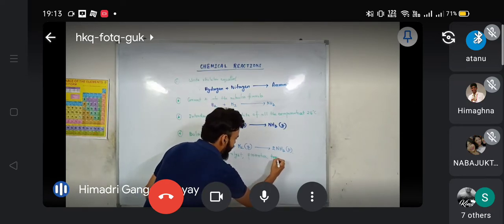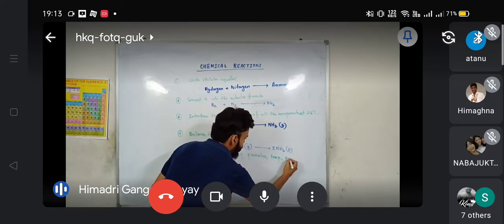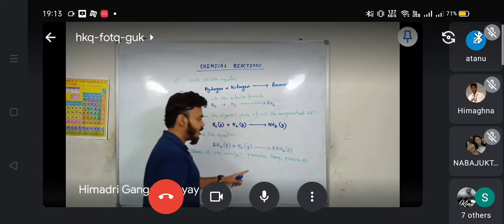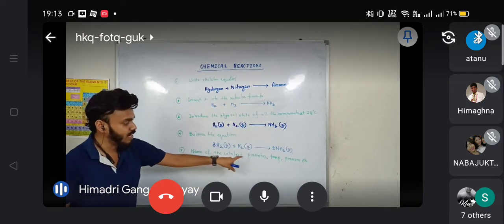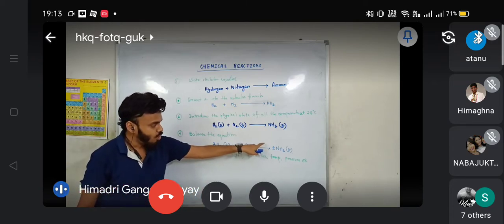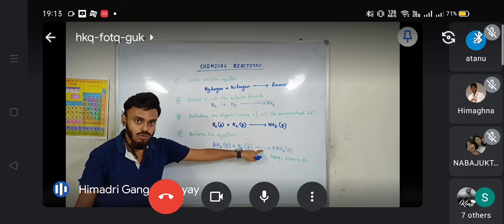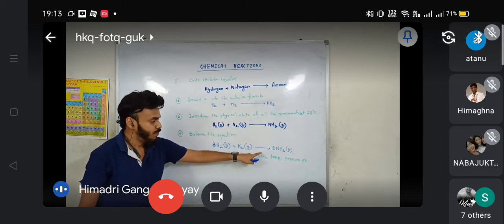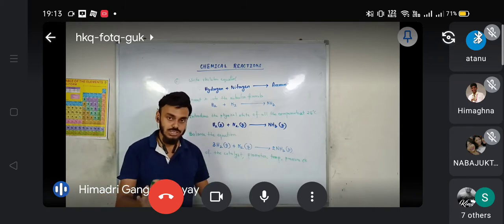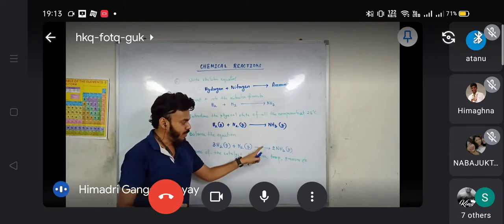Also mention the temperature, also mention the pressure, etc. Where do we represent the name of the catalyst and promoter? That is on and below the arrow sign. There, please write down the name of the catalyst, promoter, temperature and pressure, if any, above and below the arrow sign.